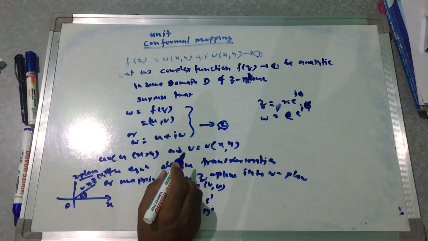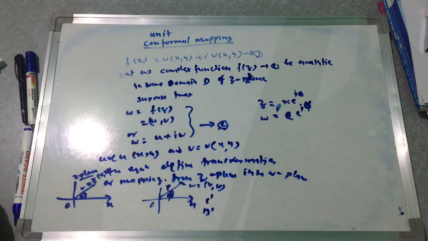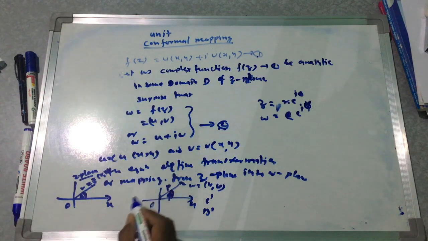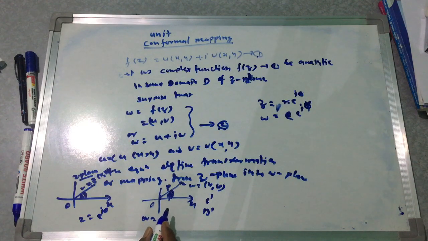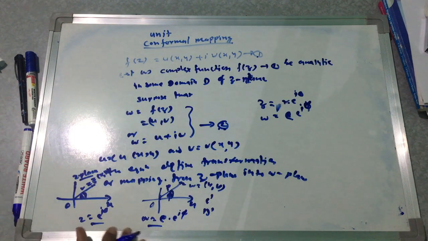So z is equal to r e to the power i theta, and w is equal to rho e to the power i phi. These two equations are given here.